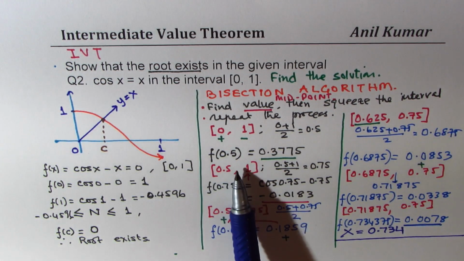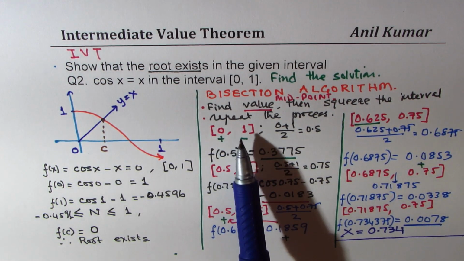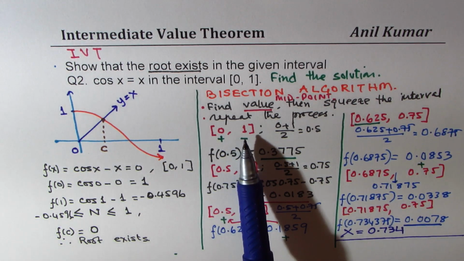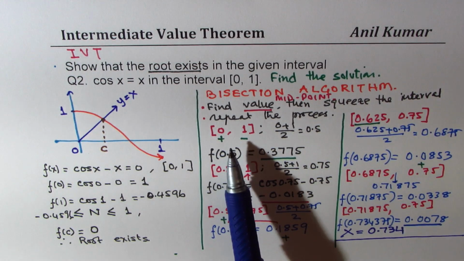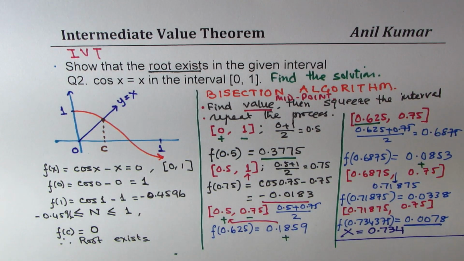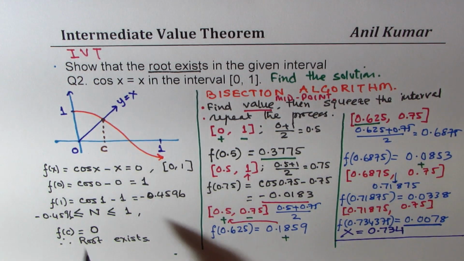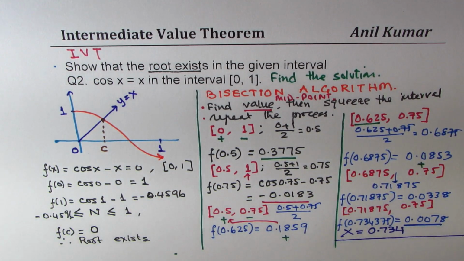If it is positive, then we replace the positive end of the x value by that. If it is negative, then we replace the one which was giving us a negative value. And following this process, we squeeze in the interval and get to a solution very closely, right? So we approach the solution and we can go as far as we want. So that is how we should be doing it.